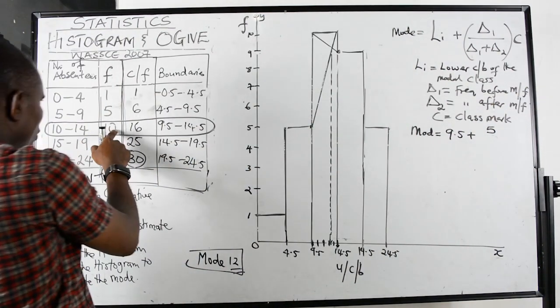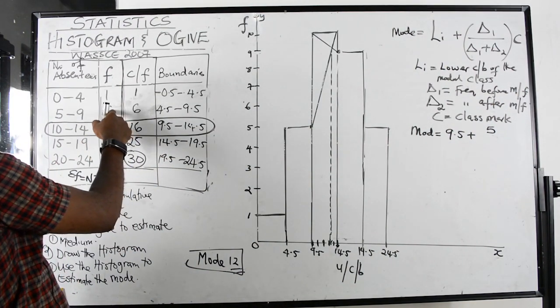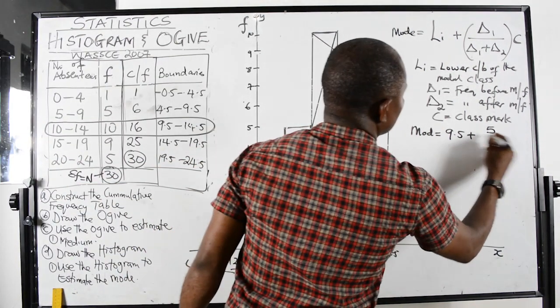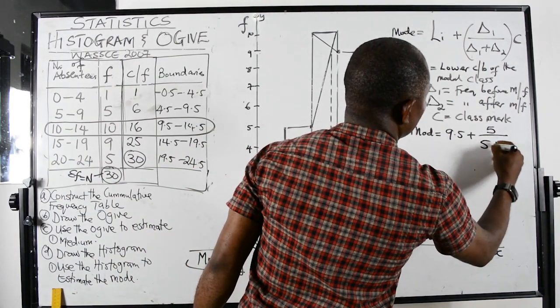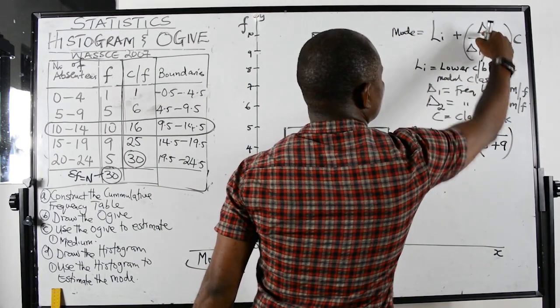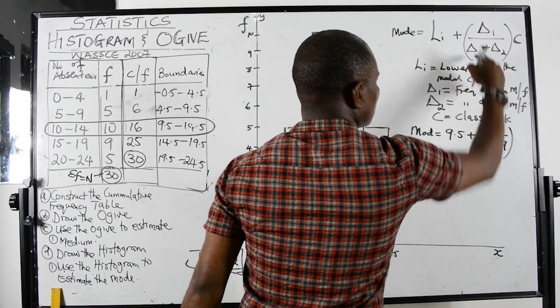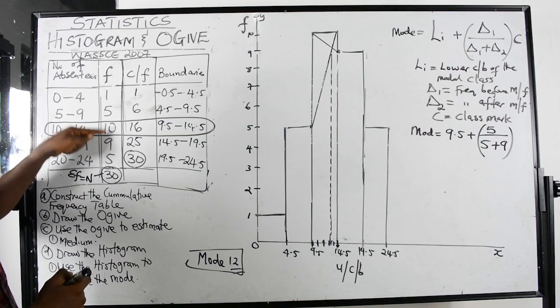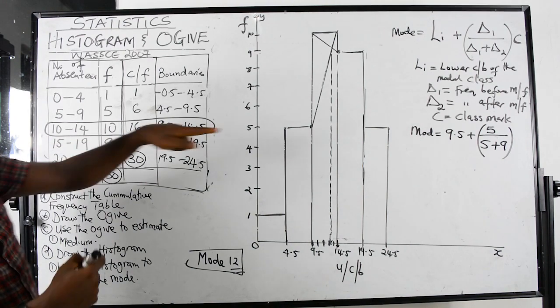Now the frequency after it is the delta 2. So the delta 2 is the frequency after, which is 9. So this is 5 and this is still 5, and 9 is the frequency after the modal class.